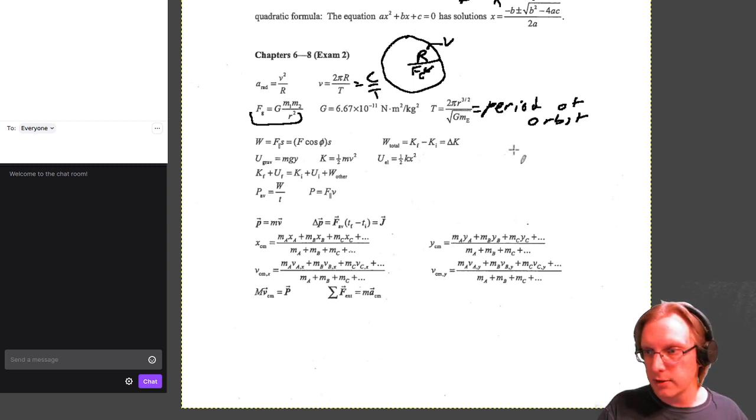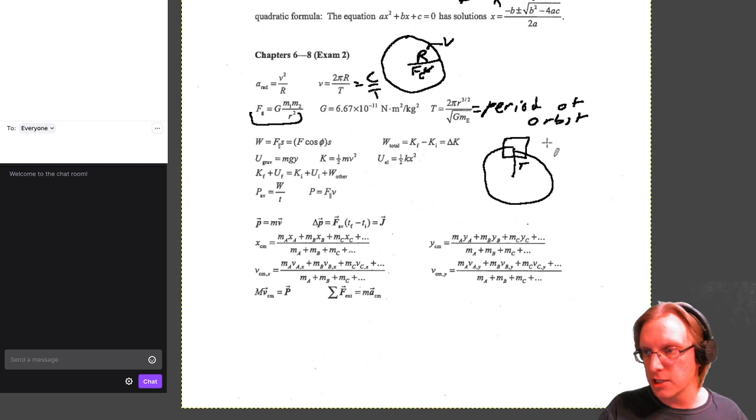So real quick, an example that's not an orbit. You could have a bucket going around in a circle on a string or an arm, in which case we have tension coming down.